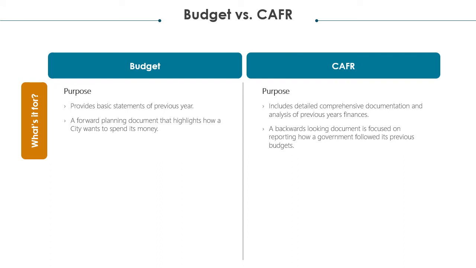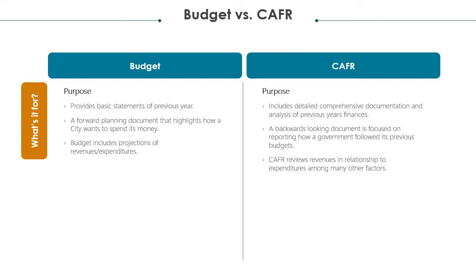And the CAFR is more of a backwards looking document, which is focused on analyzing how the city's financial actions were effective or positive towards the city's financial health and growth. The budget also includes lots of projections, as I said before, of the revenues and expenditures.